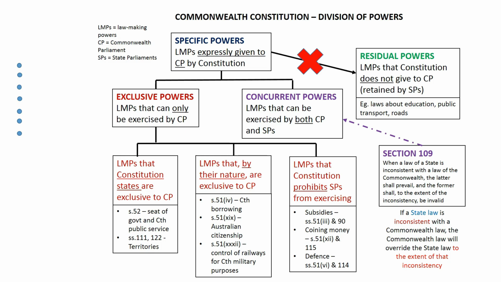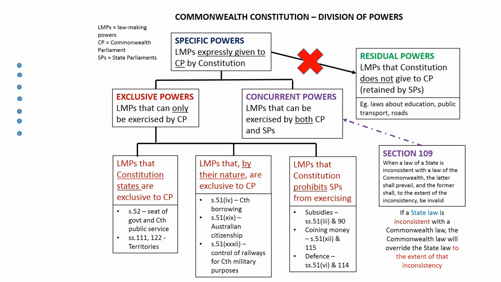All right, so that gives you an overview of the division of powers. Please make sure that you learn each of the definitions of the types of powers and learn at least one example of each type of power. And when we're talking about the exclusive powers, because there are 3 categories of exclusive powers, you need to learn one example for each of those categories.